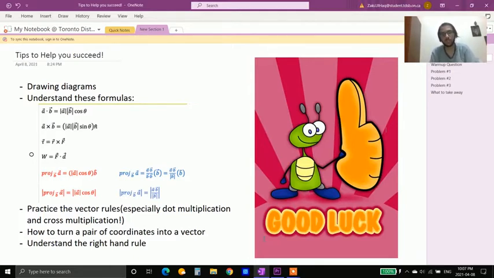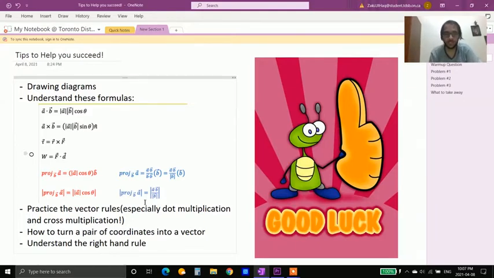A second thing you need to understand is that section 7.6 is the last section of all of chapter 7. This is a culmination of all of the formulas and skills that you have learned, so you need to make sure you understand all of these formulas and practice the vector rules like addition, subtraction, and especially dot multiplication and cross multiplication, because they will be vital tools in helping us solve the questions in this section.